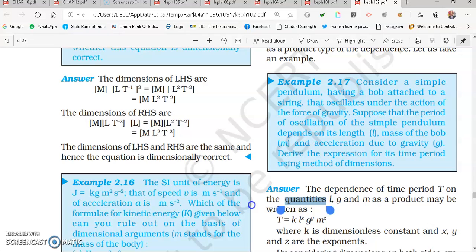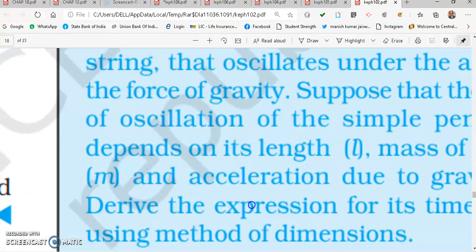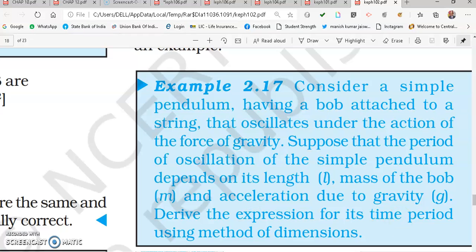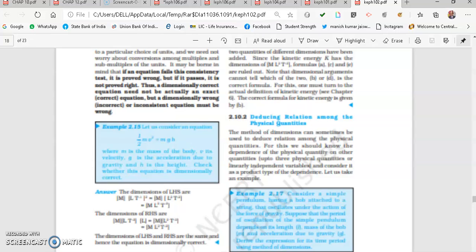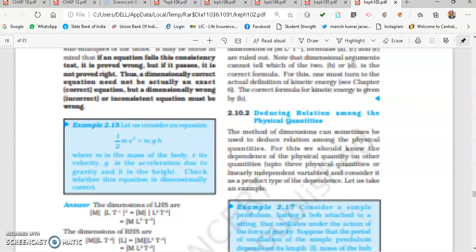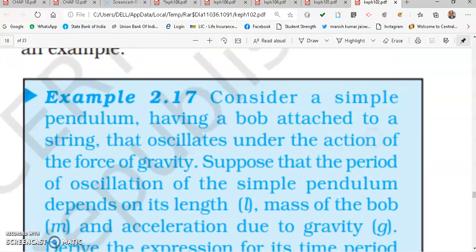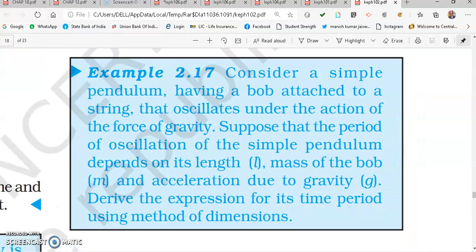See what is there in this example. You are given a question: consider a simple pendulum having a bob attached to a string which oscillates under the action of force of gravity.